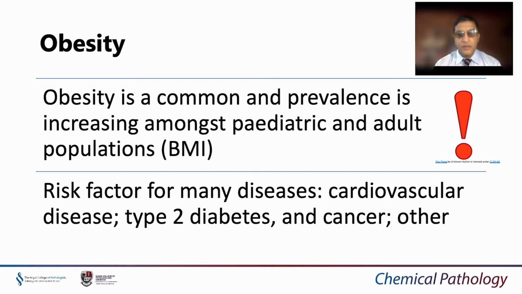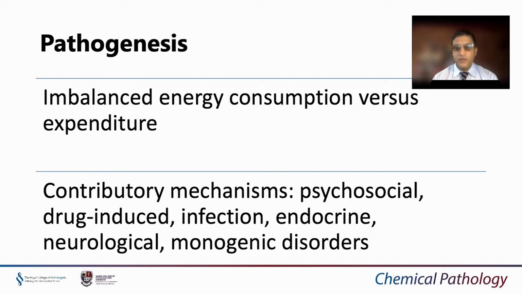The long-term health risk of obesity is well defined in the literature and includes many diseases, for example, cardiovascular disease, type 2 diabetes mellitus, cancer, and many others. The pathogenesis of obesity is multifactorial.